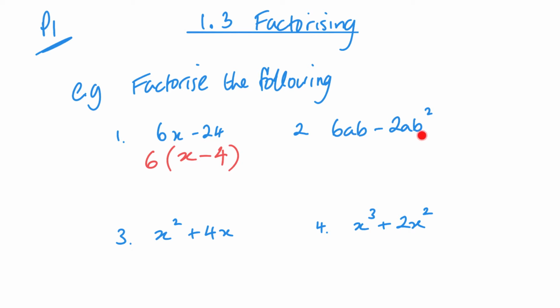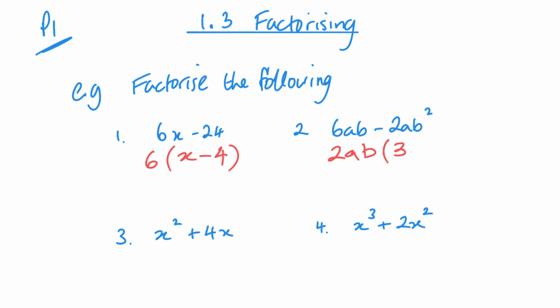Looking at the first one, so first look at the numbers. I've got a 6 and a 2, so there's a factor of 2 that can come out there. Then look at the letters. There's an A in both, so I can take that out, and then I can take 1B out of both. So now looking at the first one, I took 2 out of the 6, the factor of 2, so it's going to leave me with 3.